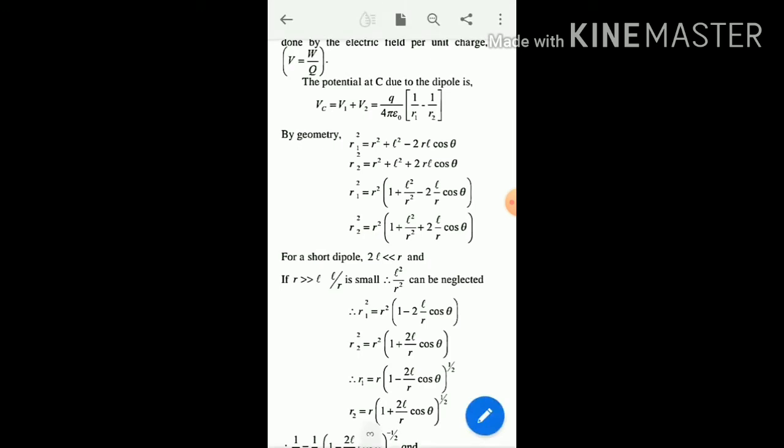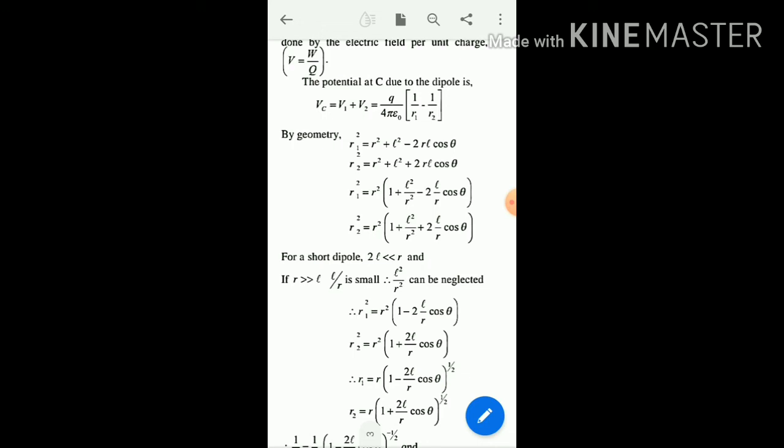This can be simplified as Vc equals Q upon 4 pi epsilon 0 into bracket 1 upon R1 minus 1 upon R2. This is the substitution of the values of V1 and V2.